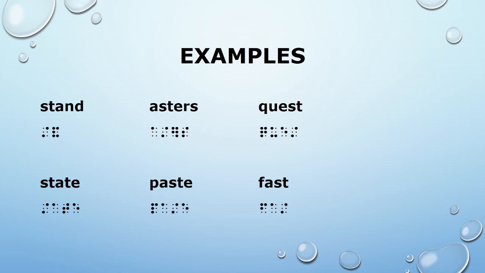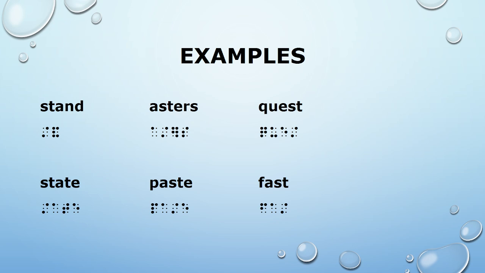So we have A, the contraction for ST, which is dots 3 and 4, the contraction for ER, having dots 1, 2, 4, 5, and 6, and letter S at the end. And we also have the word quest. Here we can only contract the group sign ST. So that would be QUE and then the contraction for ST, which is dots 3 and 4.